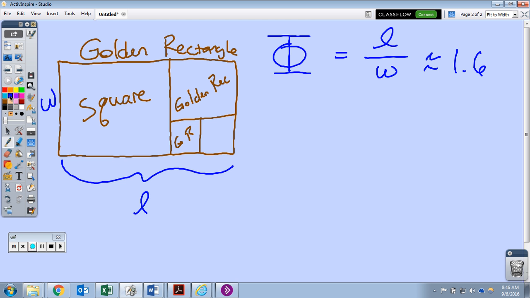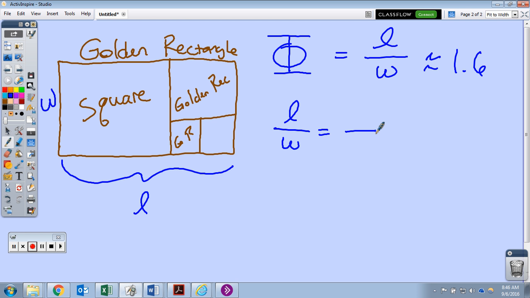So we have L over W should be the same value proportionate to this length to its width. Again, on page 151, you have a better image than the one I have drawn here.